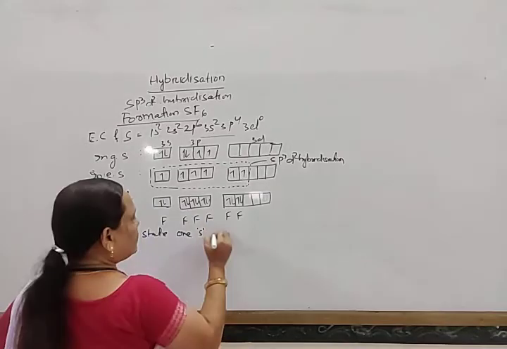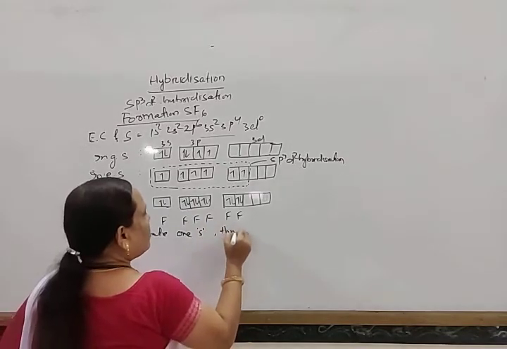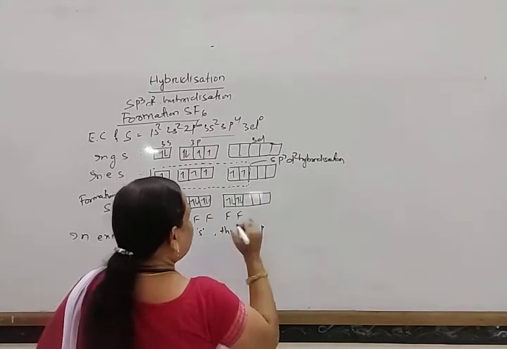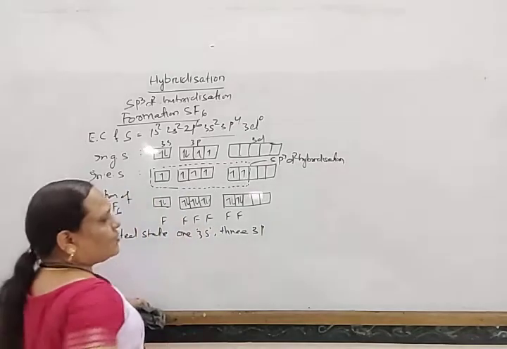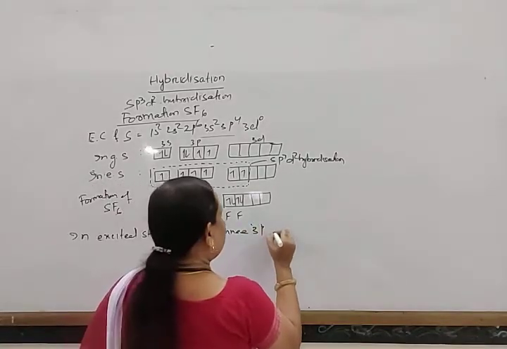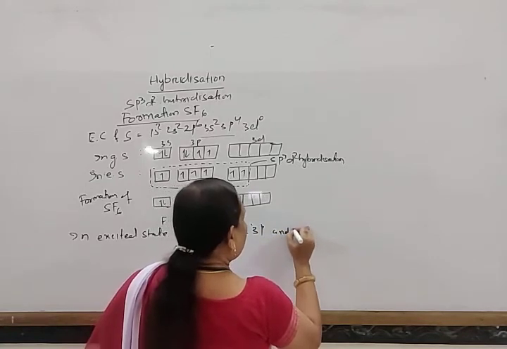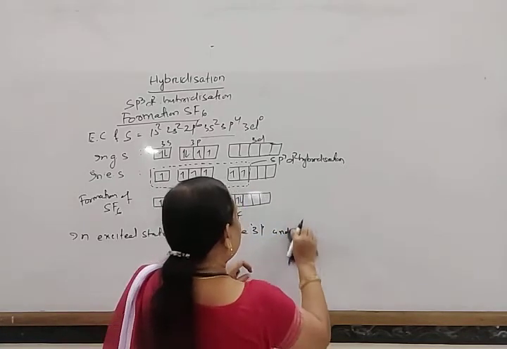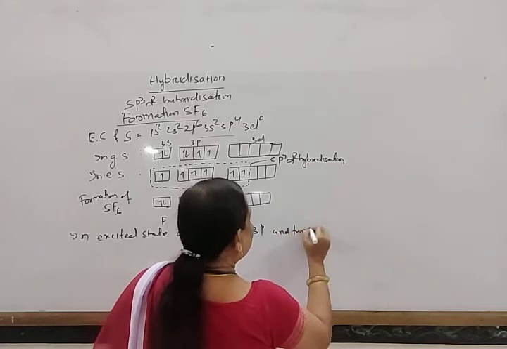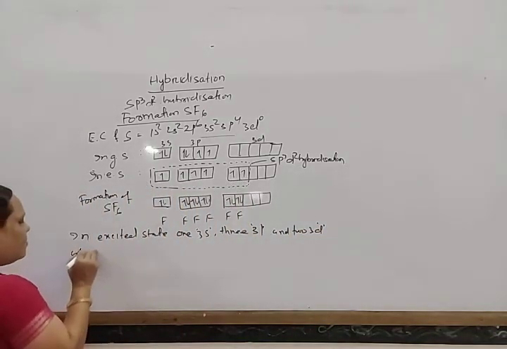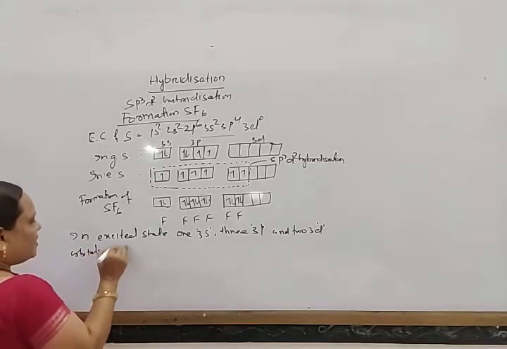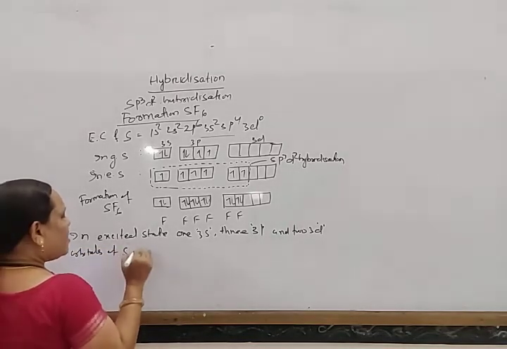So here in the excited state, write down one 3s, three 3p and two 3d orbitals of sulfur.